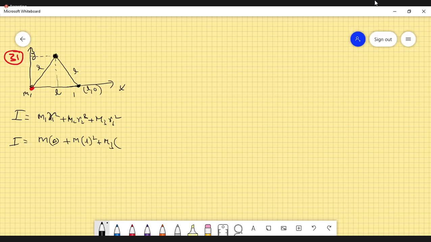The distance is nothing but L, you know. So it equals 2m L square.